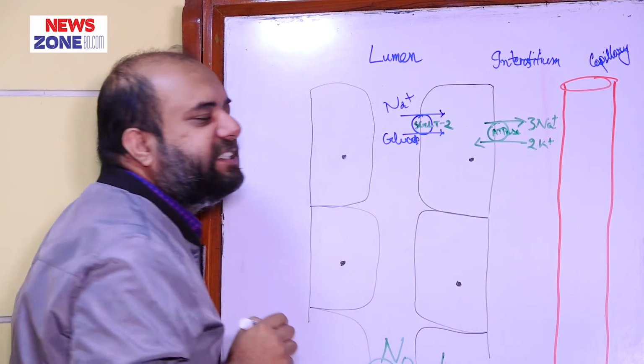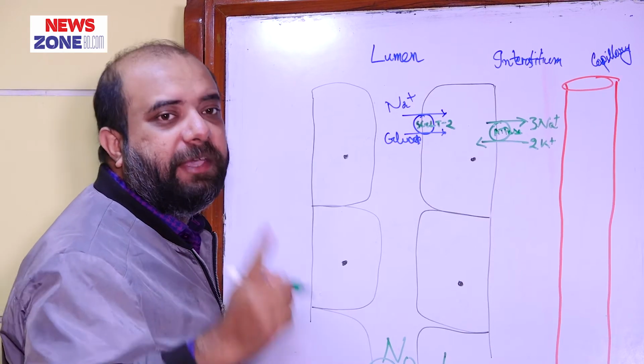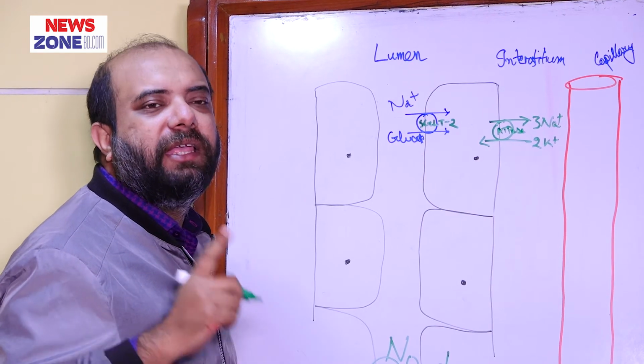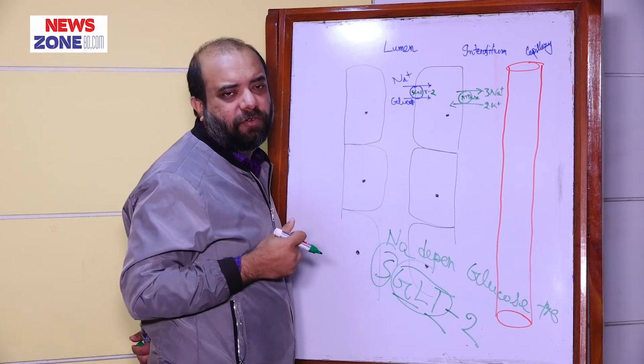This ATPase enzyme will break down ATP into ADP, adenosine diphosphate, and inorganic phosphate, and will release a tremendous amount of energy.